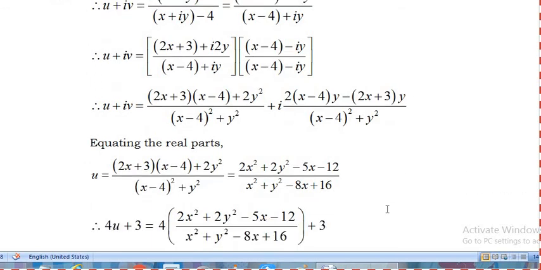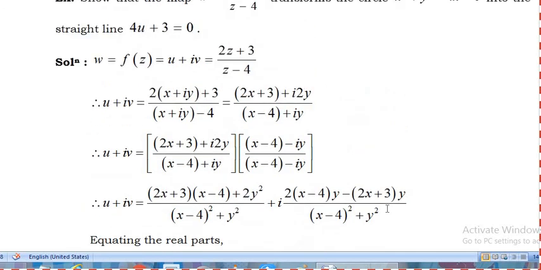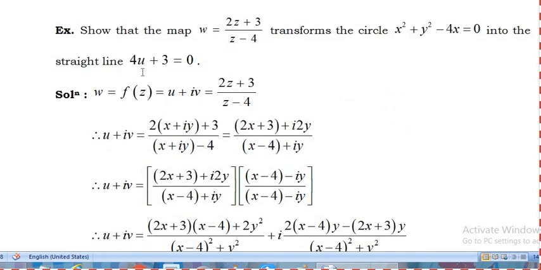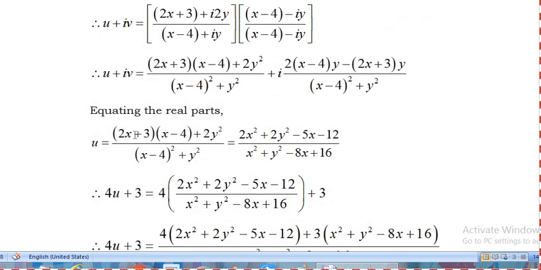Now equating the real parts, because in the problem there is 4u + 3, so we need only u. So let us equate the real parts. u is equal to [(2x + 3)(x - 4) + 2y²] upon [(x - 4)² + y²]. Let us simplify.